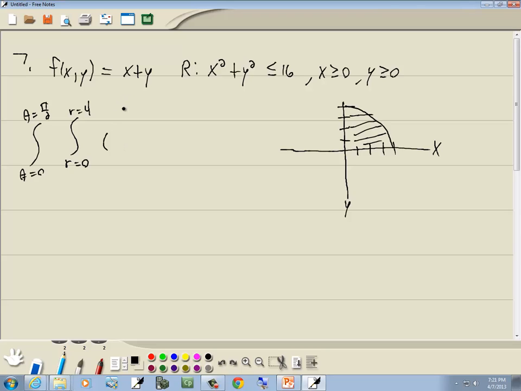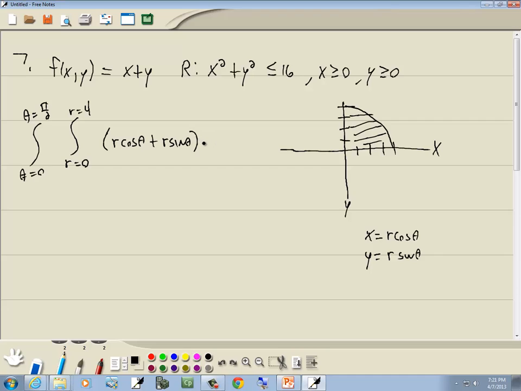But x plus y, remember x is equal to r cosine theta, and y is equal to r sine theta. So this one right here, we replace the x with r cosine theta, plus y is r sine theta.